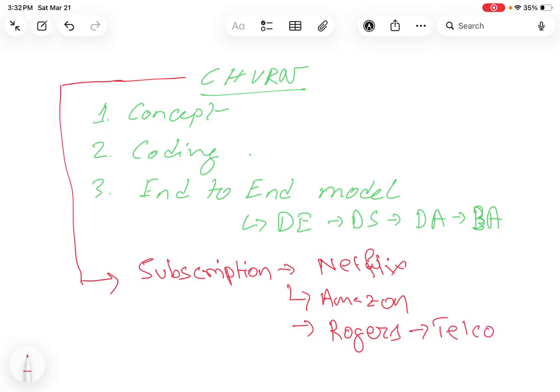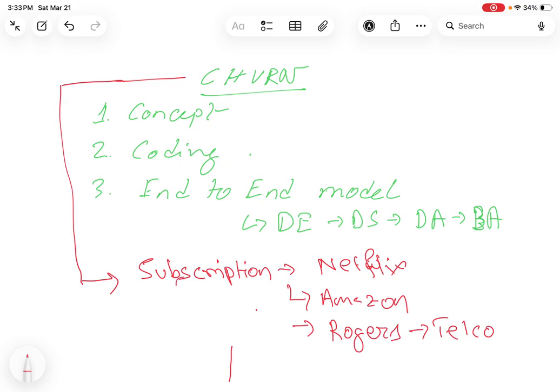So what they do is they have a customer, and the customer pays them on a monthly basis, and based on that they get the money. So that's basically a subscription based business model.